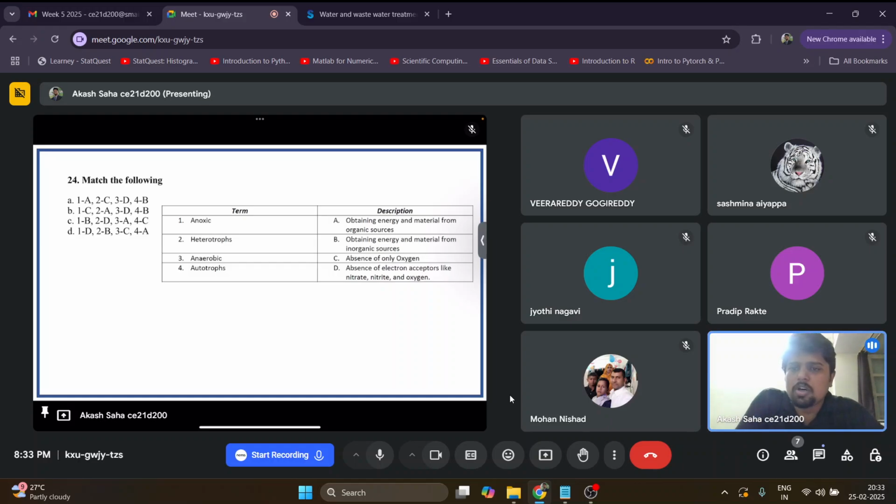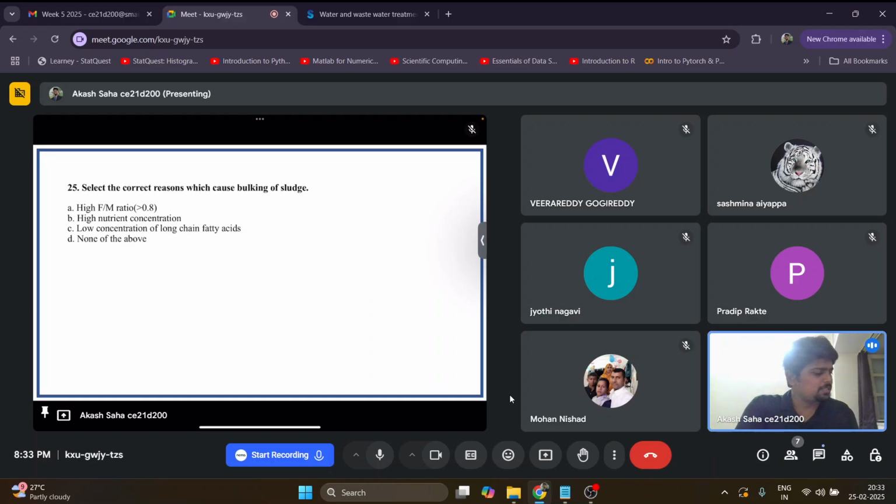So anoxic conditions means only the absence of oxygen, whereas in anaerobic, all the electron acceptors like nitrate, nitrite, oxygen, everything will be absent. Heterotrophs obtain their energy and material from organic sources, and autotrophs obtain their energy and materials from inorganic sources. So option B is definitely correct.